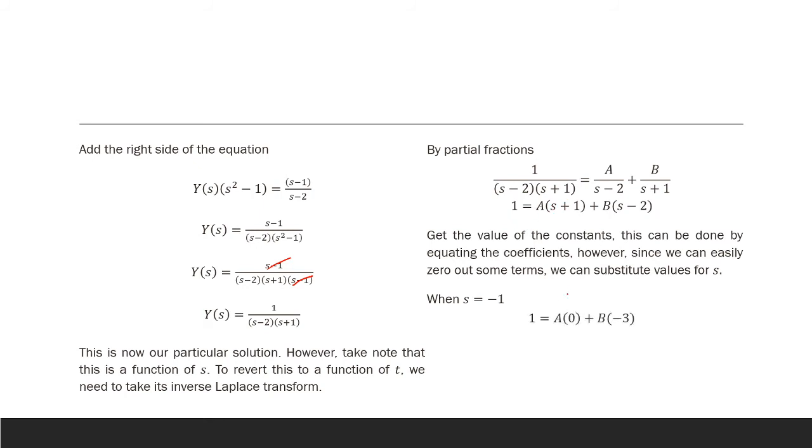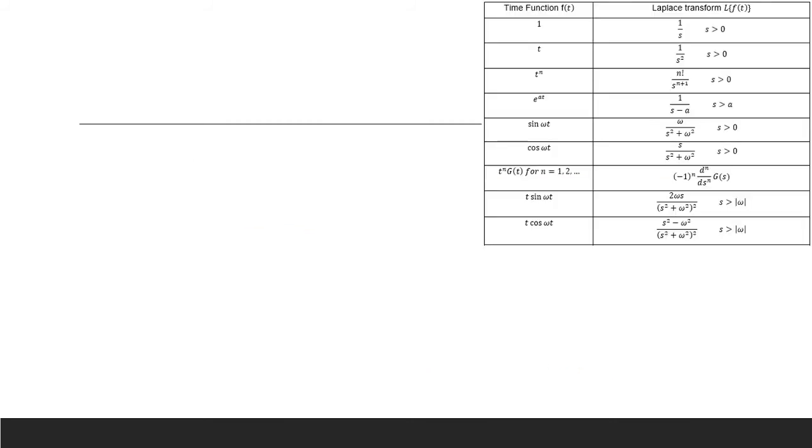We will have 1 is equal to a times 0 plus b times negative 3. So, therefore, ang b natin is negative 1/3. That's our b. Now, we solve for a. So, to solve for a, ang gawin natin s is equal to 2 para ang ma-zero out naman is yung may b. So, we will have 1 is equal to a times 3 plus b times 0.